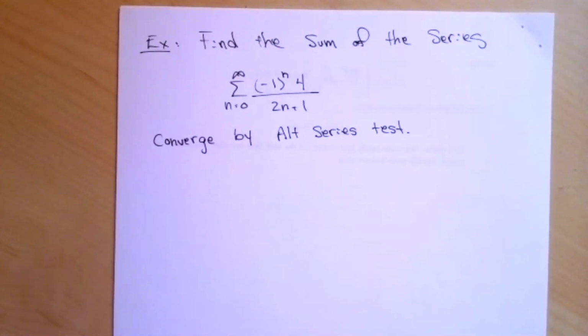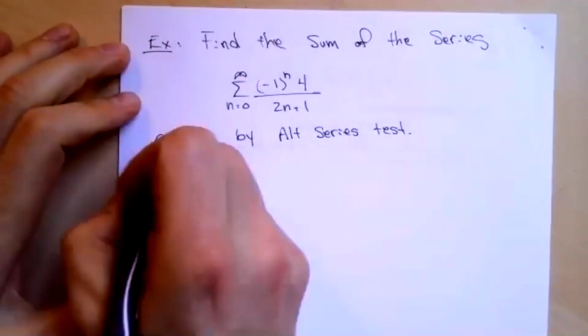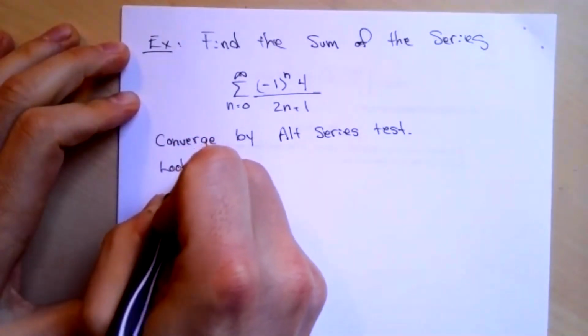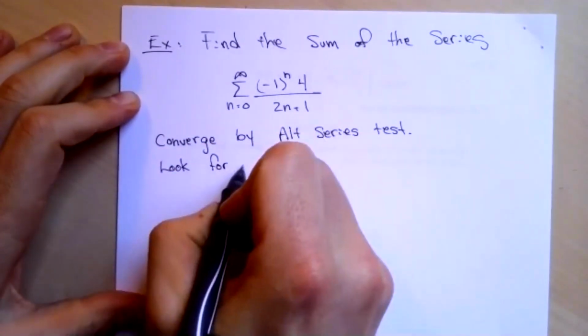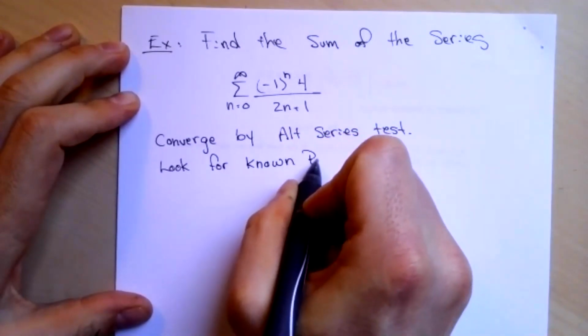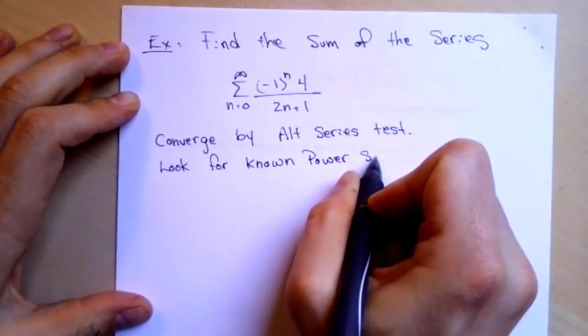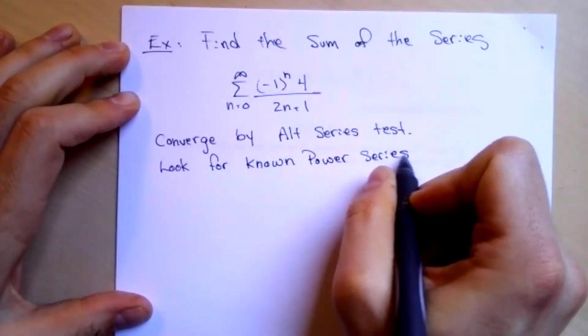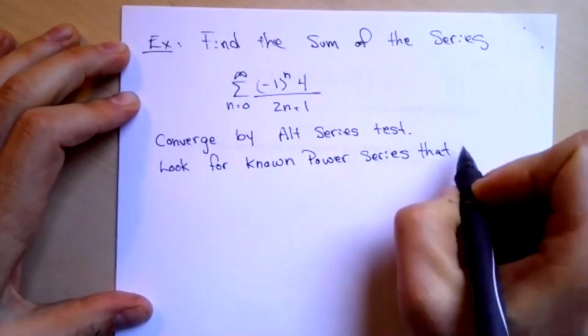And so now our question is, how do we actually find the sum? We want to look for known power series that look similar.